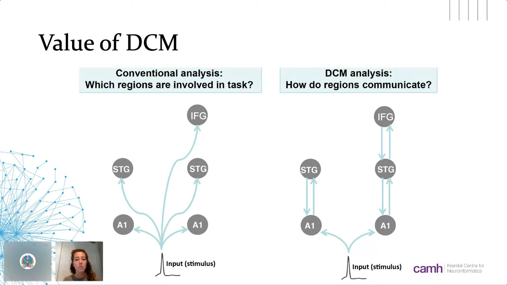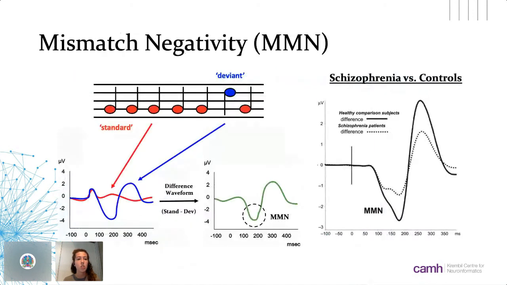Today, I'm specifically going to be talking about applications to the mismatch negativity, which we do a lot of work on in our lab. Some of you may be familiar with it, but just as a brief review: the MMN is recorded with EEG, and it's an event-related potential that occurs when a sequence of standard stimuli are interrupted by the occasional deviant sound.